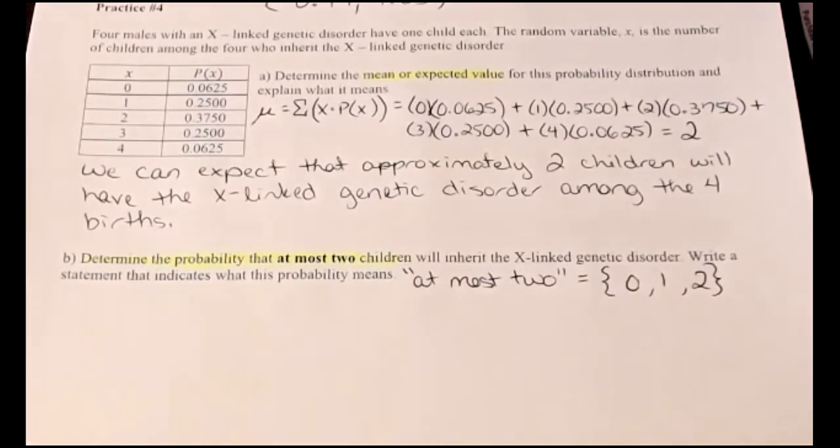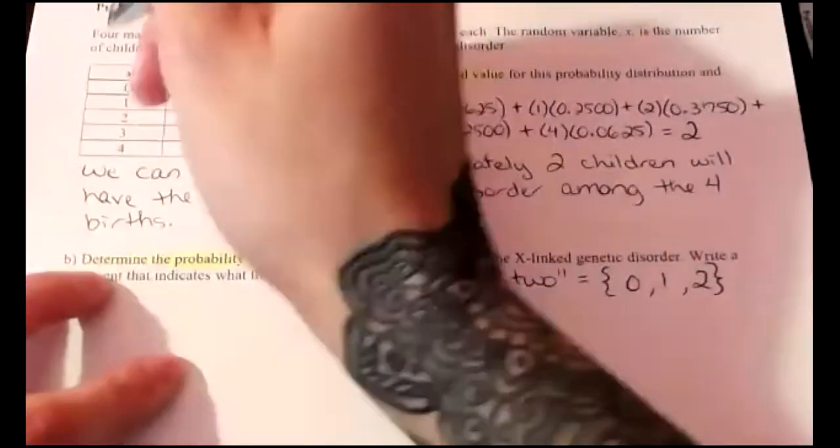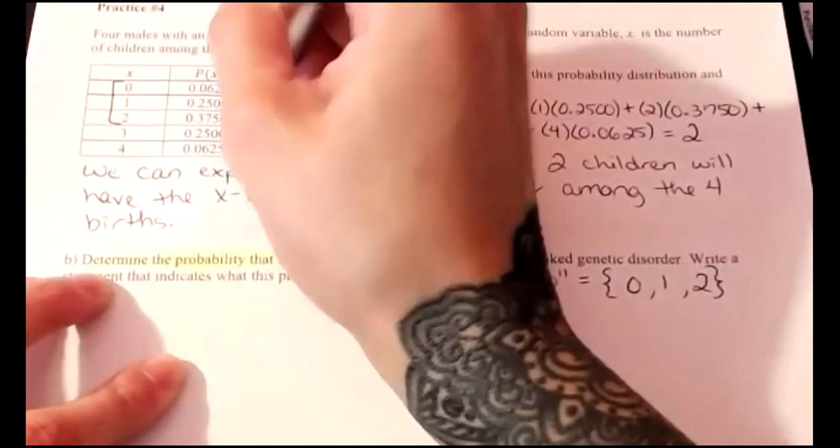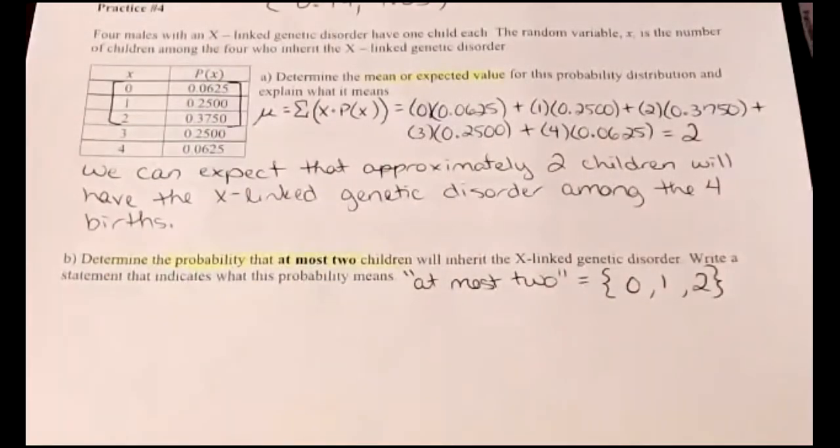When you are saying determine the probability that at most 2 will inherit the gene, what that implies is you're going to use the table. We have a probability distribution. We want to know the probability of having 0, 1, or 2 with that particular outcome. So we're looking at just these 3 rows right here.